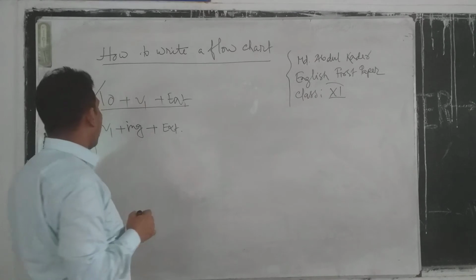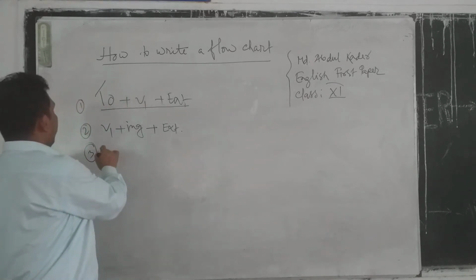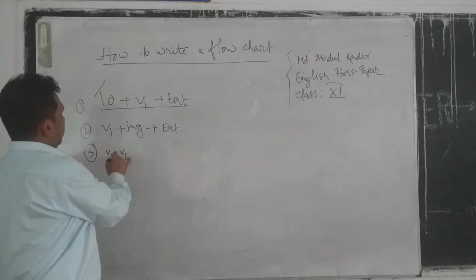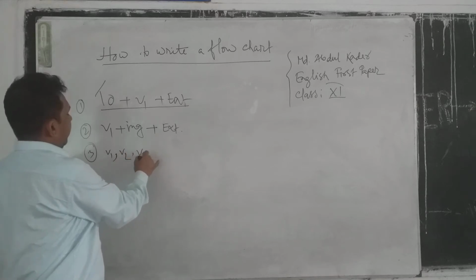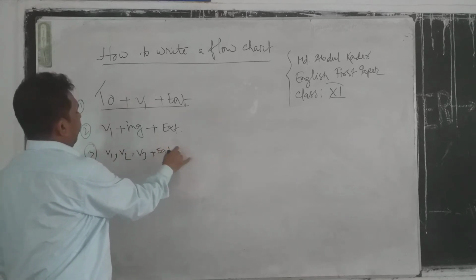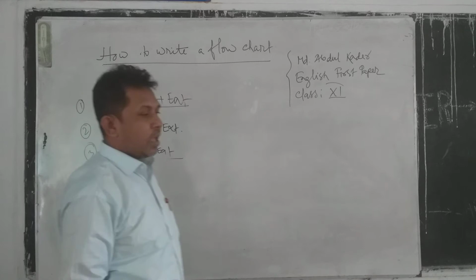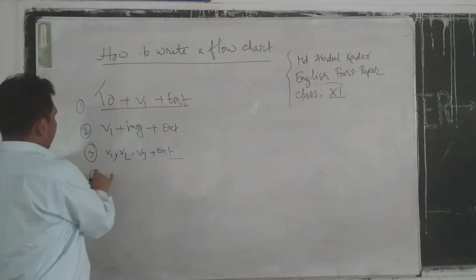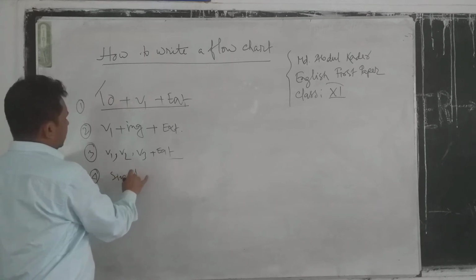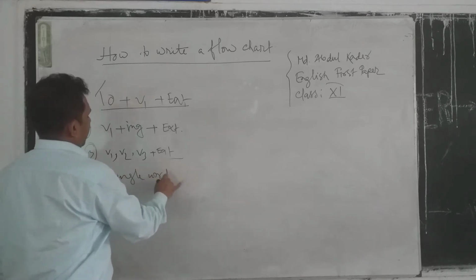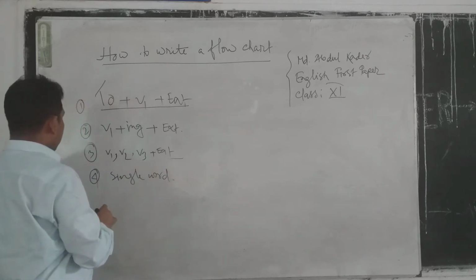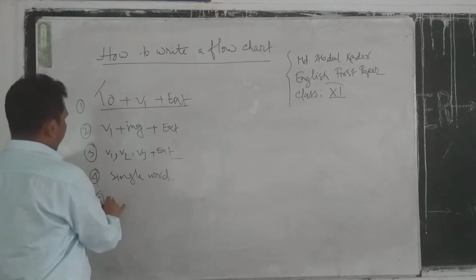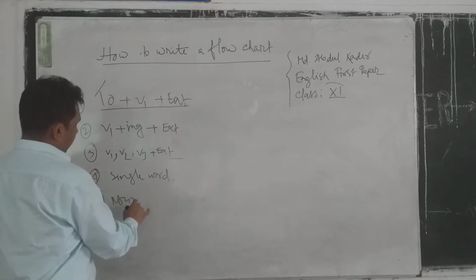Another way you can follow is V1, V2, V3 plus extension. And also another one is a single word. You can also have a single word in the flowchart, and also a noun phrase in the flowchart.